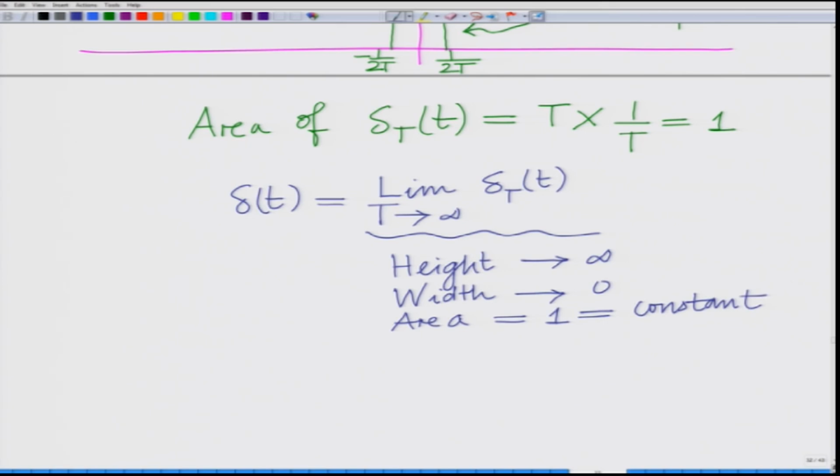So this is one way to intuitively visualize this unit impulse function, which otherwise is very difficult to visualize or understand intuitively, all right.